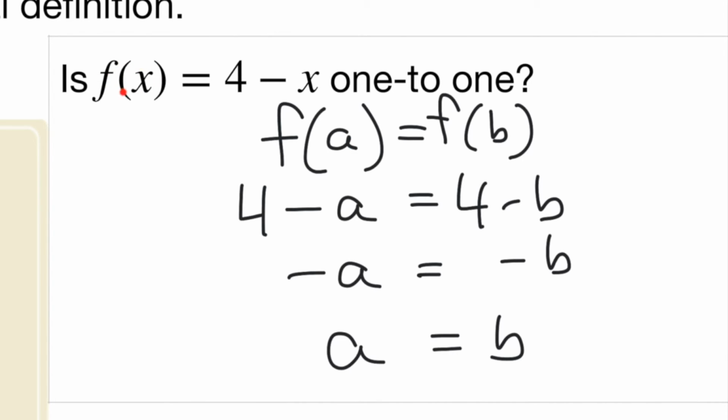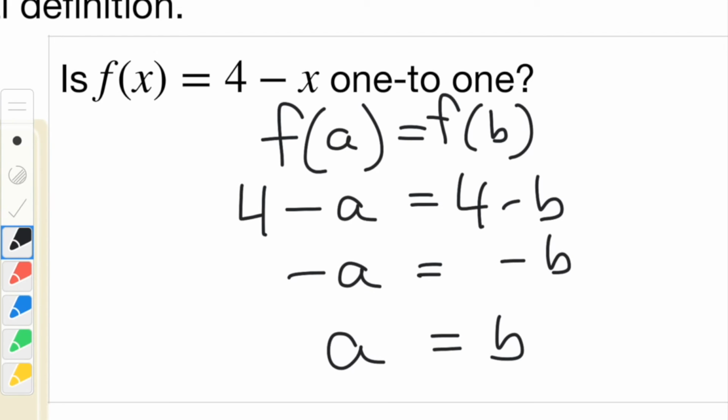Well, in this particular case, f is defined as 4 minus x, so that would be 4 minus a. And this would be 4 minus b. And algebraically, we can manipulate this. We can subtract 4 from both sides, and then multiply both sides by -1. We get a equals b. If you can get down to a equals b from f of a equals f of b, then you've proven that it's a 1-to-1 function. You've demonstrated.